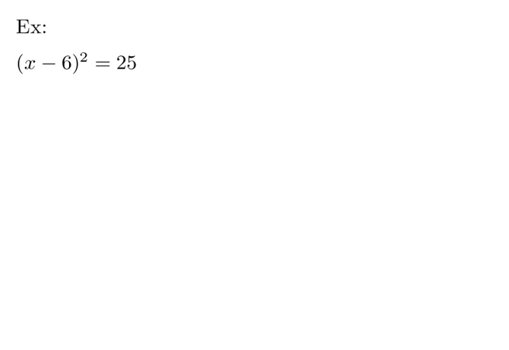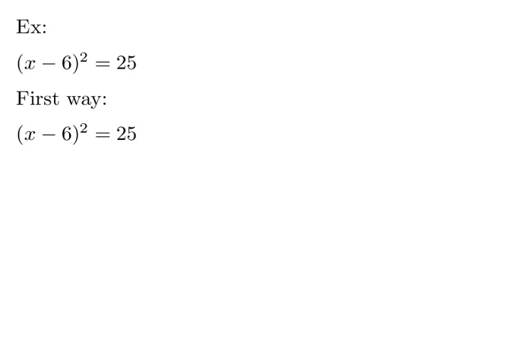So for the top way, okay, first way. And again, I'm actually solving the same problem. I'm even doing it the same way. I'm just visualizing it differently. So we have x minus 6 quantity squared equals 25.